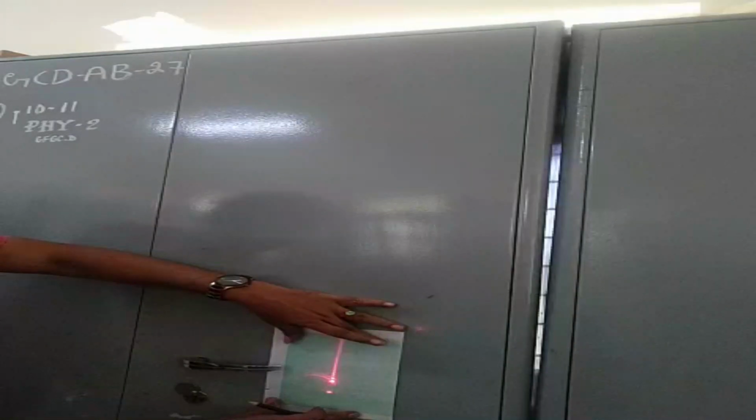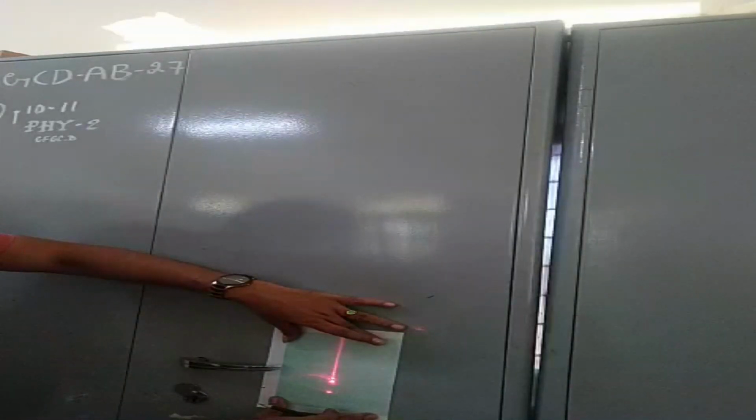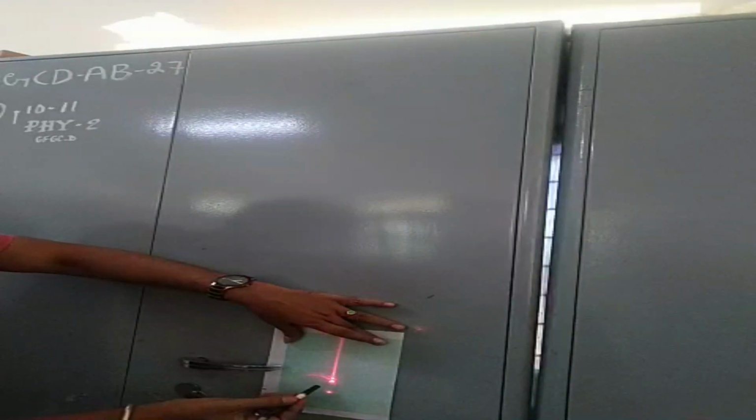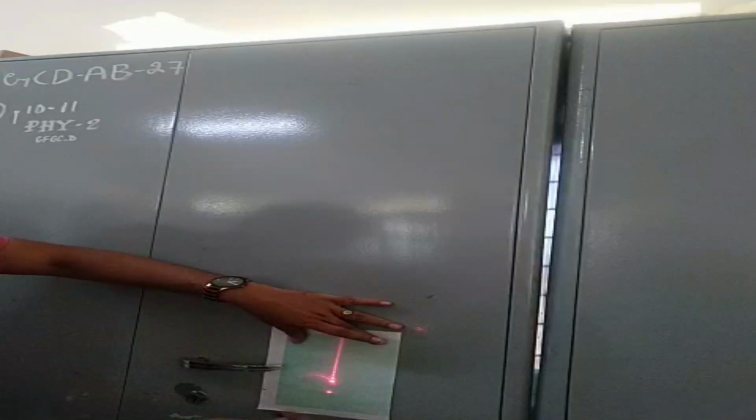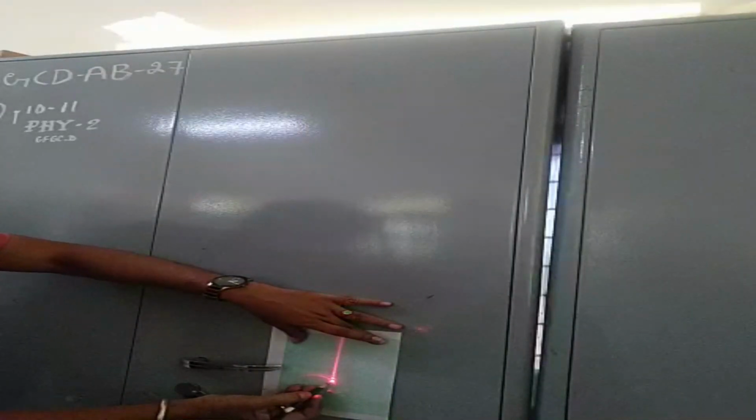You can see the diffraction spots even better on this graph sheet. Make all the diffraction spots parallel to one of the lines on the graph sheet, so that it is easy for you to mark and then measure. This is the direct spot. I will mark this direct spot as A0.